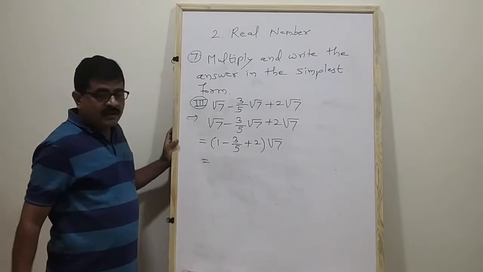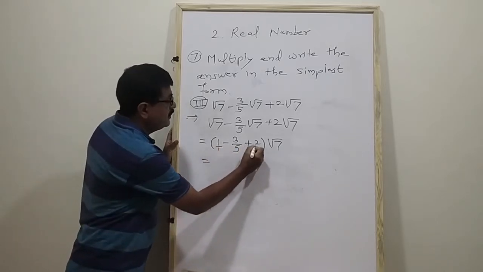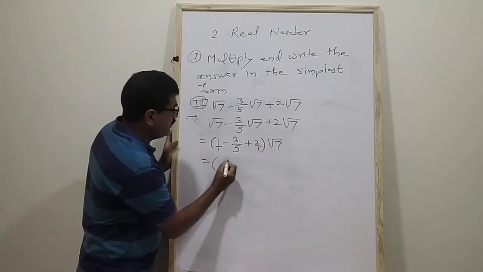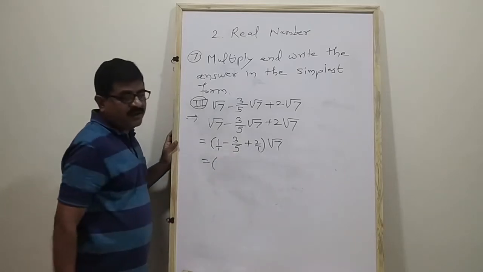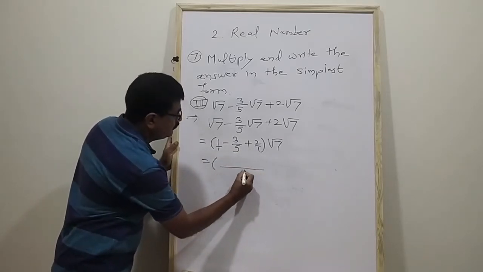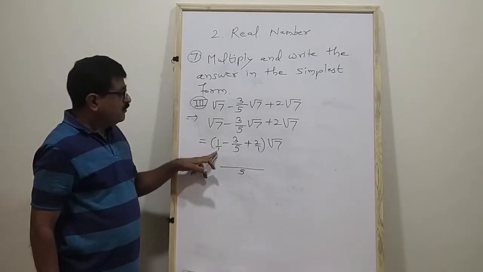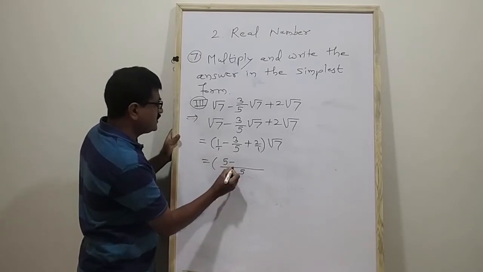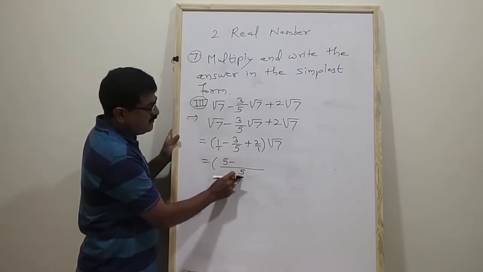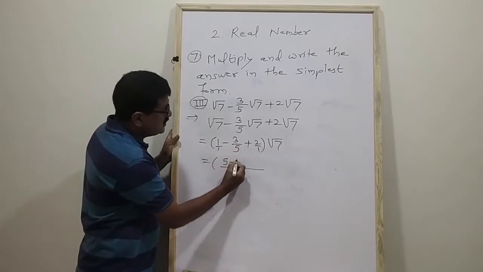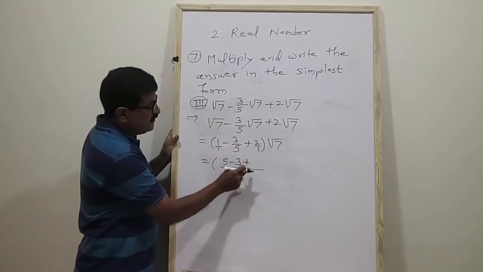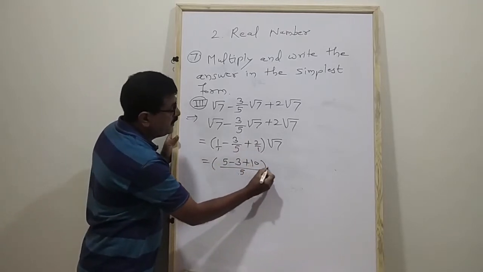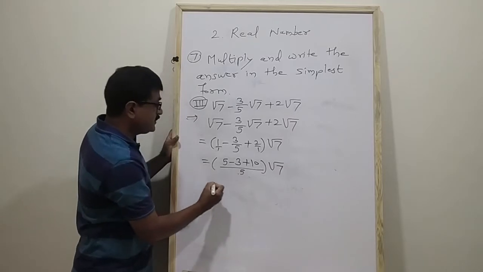is equal to. Now we have to take addition of this. Now write down in bracket LCM of 1, 5 and 1. LCM is 5. Now dividing by 1, 5 into 1 is 5, minus dividing by 5, 5 divided by 5 is 1 into 3 is 3, plus dividing by 1, 5 into 2 is 10, into square root 7 is equal to.